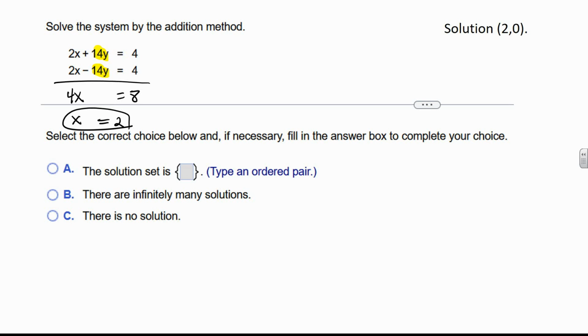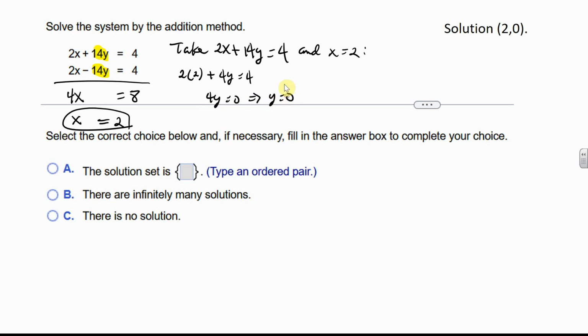So if I take the first equation, 2x plus 14y equal to 4, and x equal to 2, I get 2 times 2 plus 4y equal to 4. Subtract 4 on both sides, I get 4y equal to 0, and that implies that y is equal to 0. So that gives me x equal to 2 and y equal to 0.